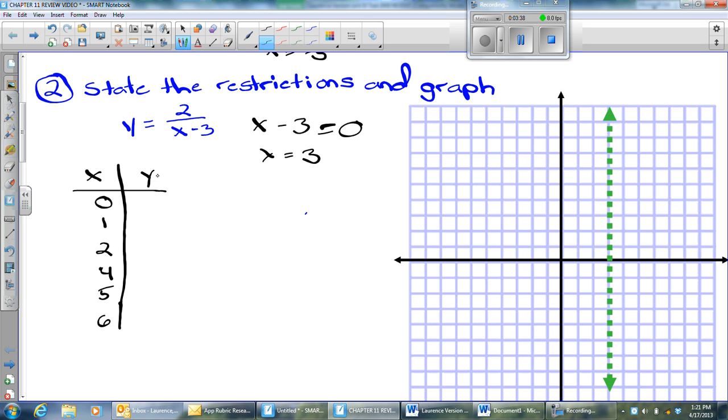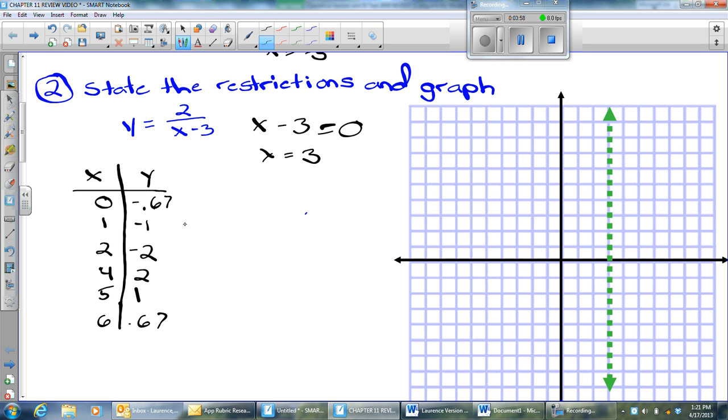When I plug in 0, I get negative 0.67. For 1, I get negative 1. For 2, I get negative 2. For 4, I get 2. For 5, I get 1. And for 6, I get positive 0.67.